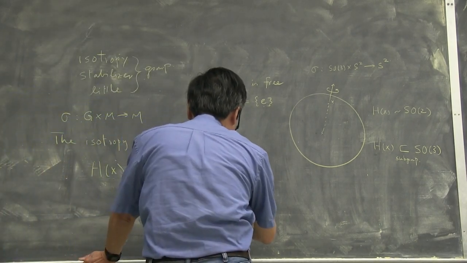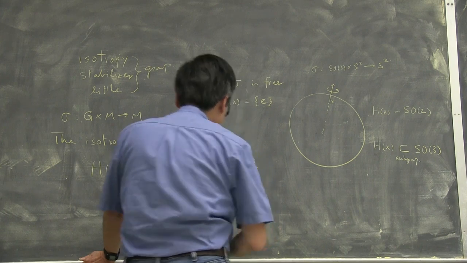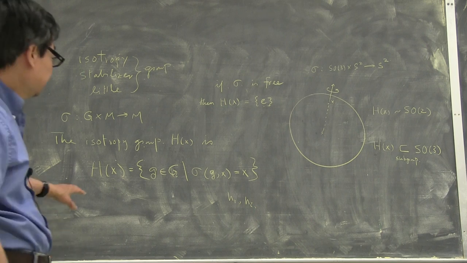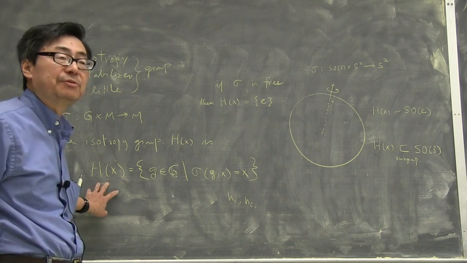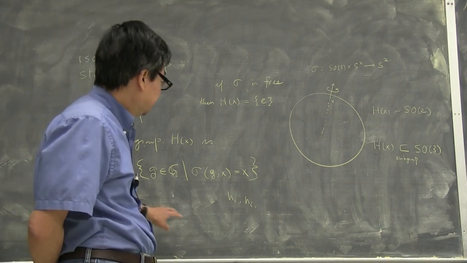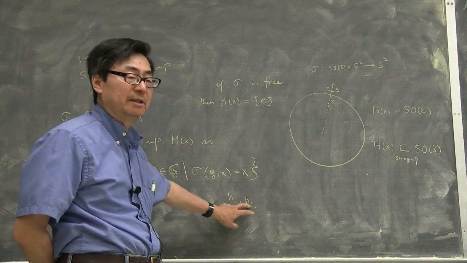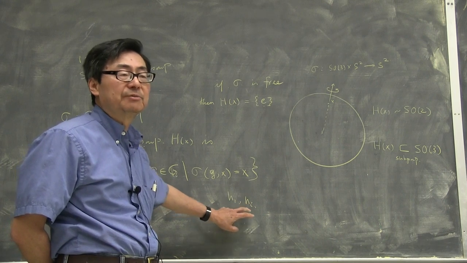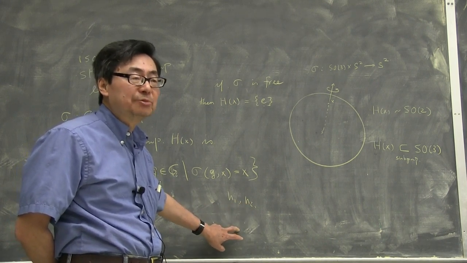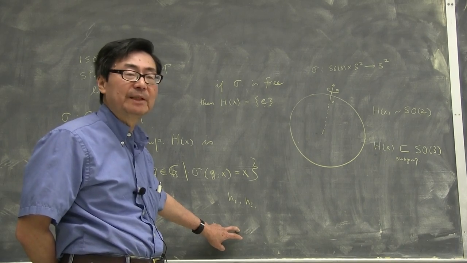Let's say I have two elements in the isotropy group, okay? So that the whole thing is a group, I have to prove a few things according to the definitions of a group. First of all, I have to prove that if these two things are in H, then the product of these two things is also in H. The identity is in H, which is obviously true, okay?